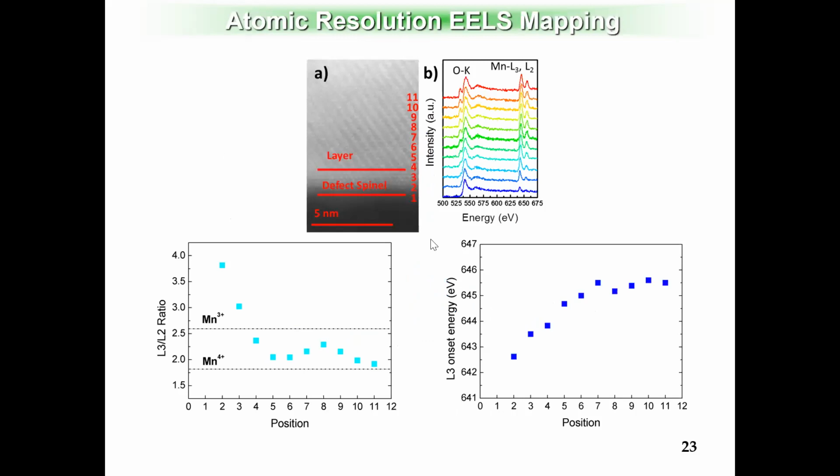So this is atomic resolution EELS mapping combined with the HAADF imaging, right? What I can do here is a HAADF imaging. I get the transition metal atoms, and then I can do the EELS mapping, right? I can see atomic layer by atomic layer what the transition metal, in this case manganese, oxidation state is, and utilize the technique I just introduced.